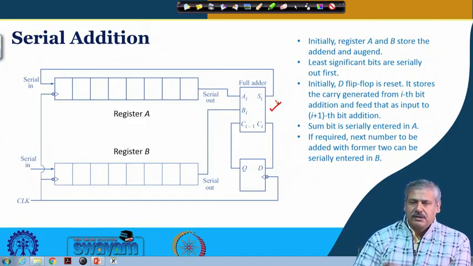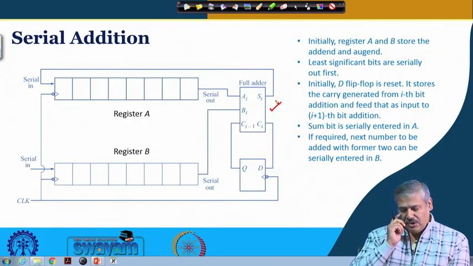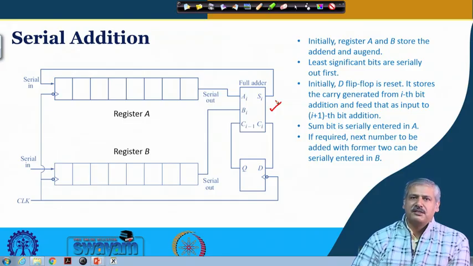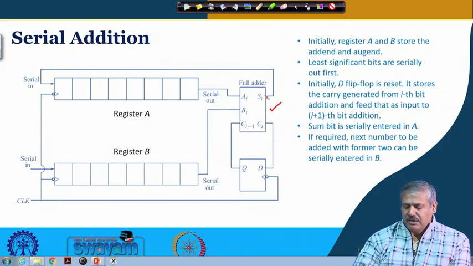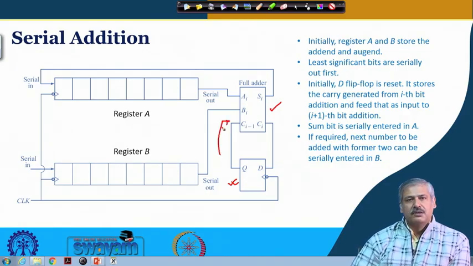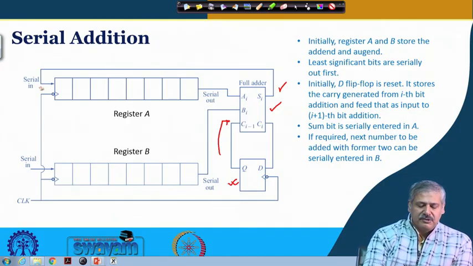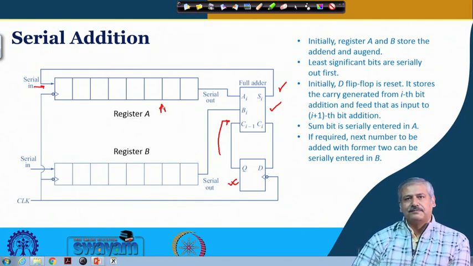In every clock cycle, it is doing a 1-bit addition, and the carry output that is generated here is stored in a D flip flop, and this is fed back here for use in the next bit addition. And the sum bit that is getting generated comes as serial in and is stored in register A.